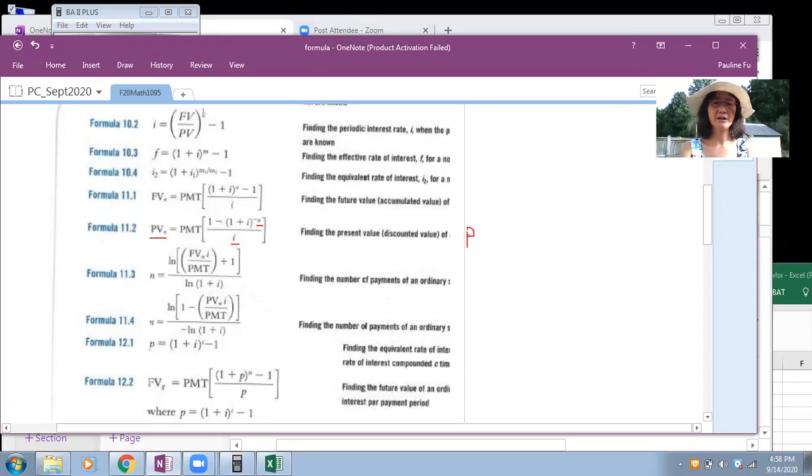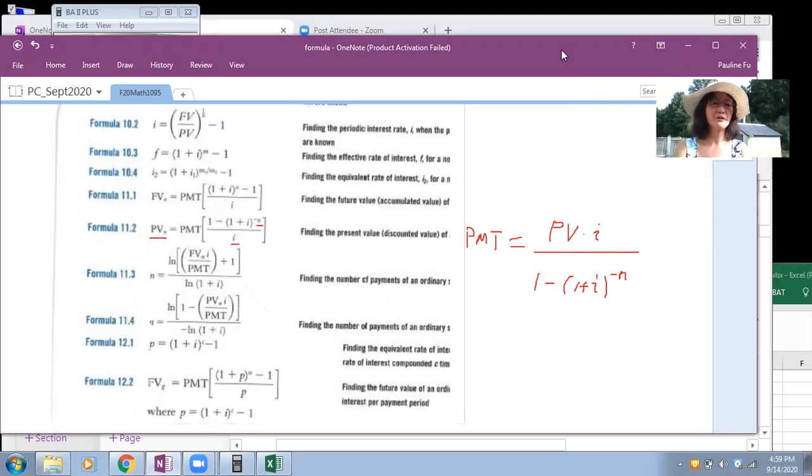So PMT equal to PV, present value, times I, interest, and divided by 1 minus bracket 1 plus I raised to power negative N. So this is the formula for PMT when you know the present value, PV.